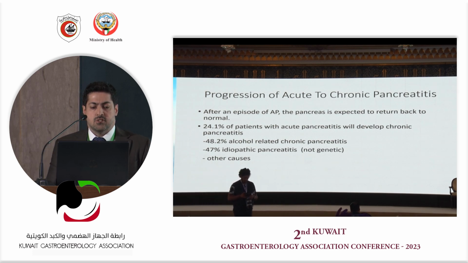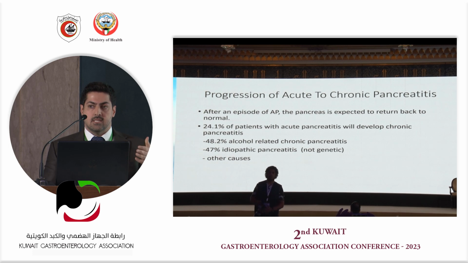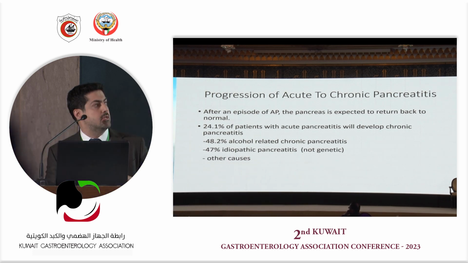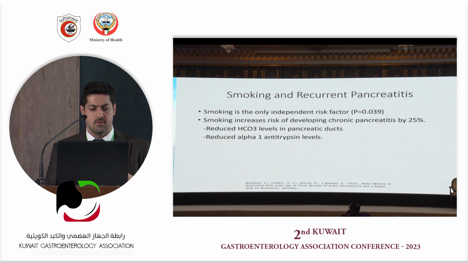So after the first episode of acute pancreatitis, the pancreas is expected to go back to normal, physiologically and anatomically. About 24% of patients with acute pancreatitis will actually develop chronic pancreatitis. Of those 24%, half are related to alcohol, and the other half are idiopathic.